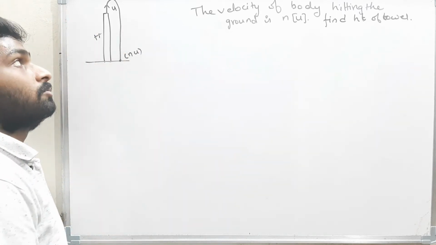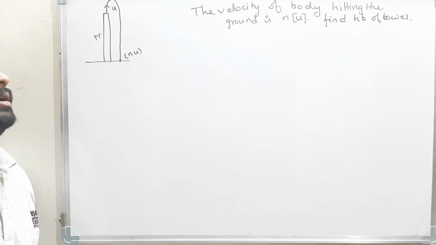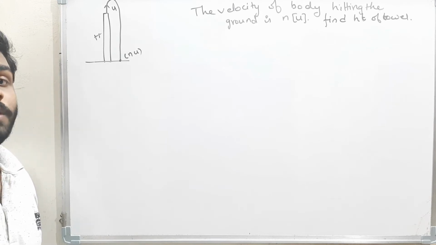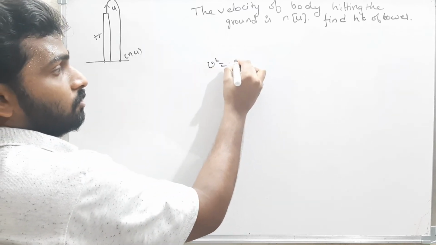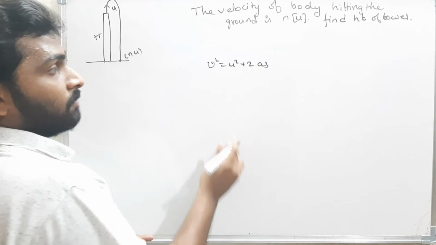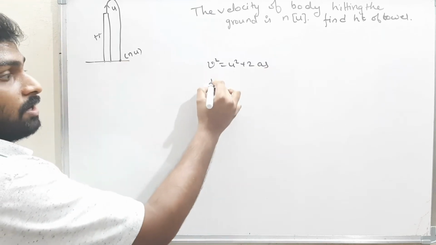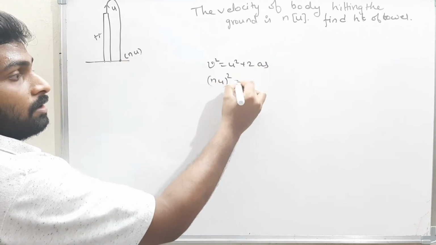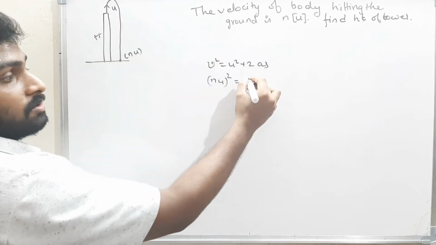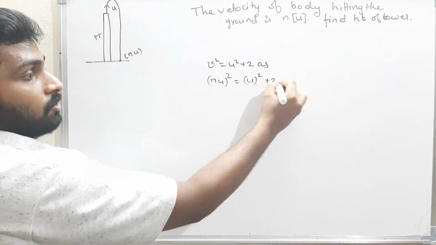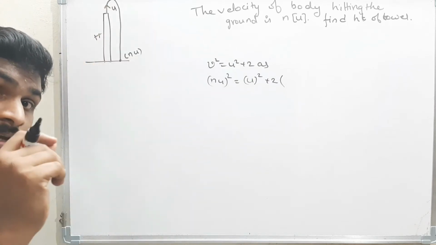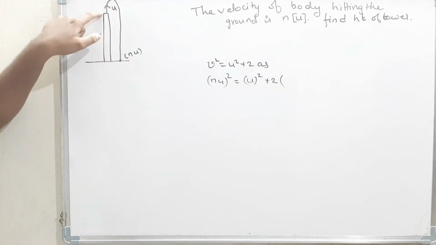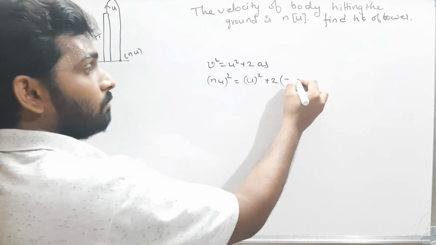Now what can I do? I can use the equation v square is equal to u square plus 2as. What is the final velocity? The final velocity is nu, whole square, is equal to initial velocity u square plus 2 into the acceleration. Always you have to take the initial conditions only. The body is moving up, therefore acceleration is minus g.